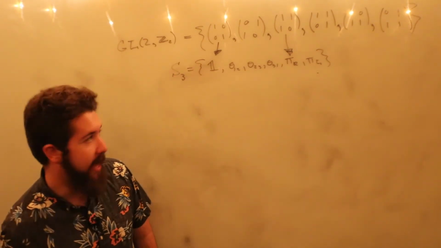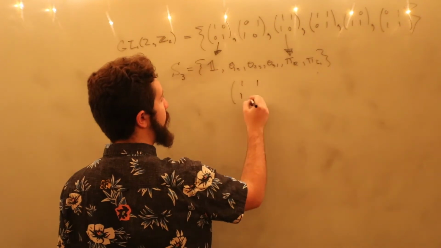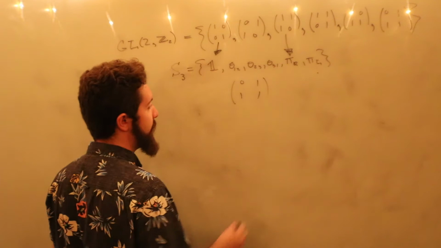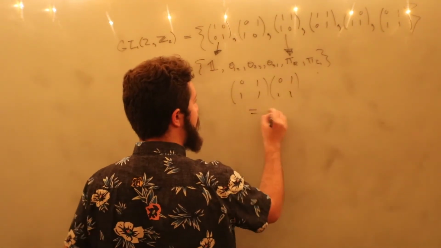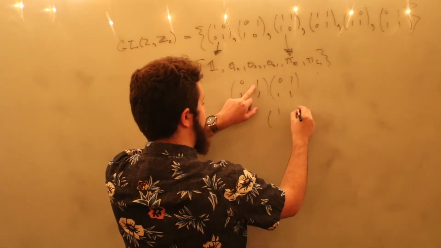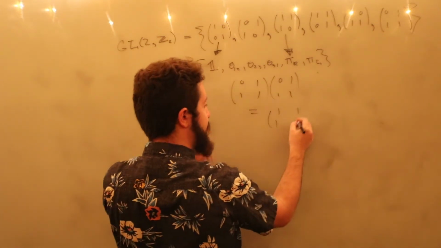Now let's look at this matrix 0, 1, 1, 1. Okay, if we square this, it's going to be sort of a similar story. We're going to get 0 plus 1 is 1. We're going to get another 1. We're going to get 0 plus 1 is 1, and 1 plus 1 is 0.